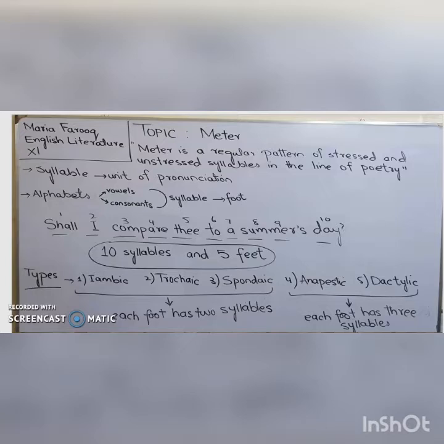You have to keep this in your mind. I have read this line, shall I compare thee to a summer's day? Here, each foot has 2 syllables because this is iambic meter. How this is iambic and how this is iambic pentameter, I will explain in my next slide.